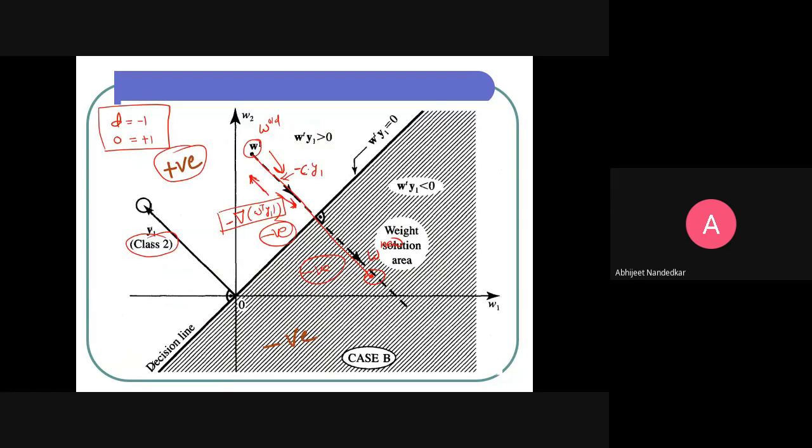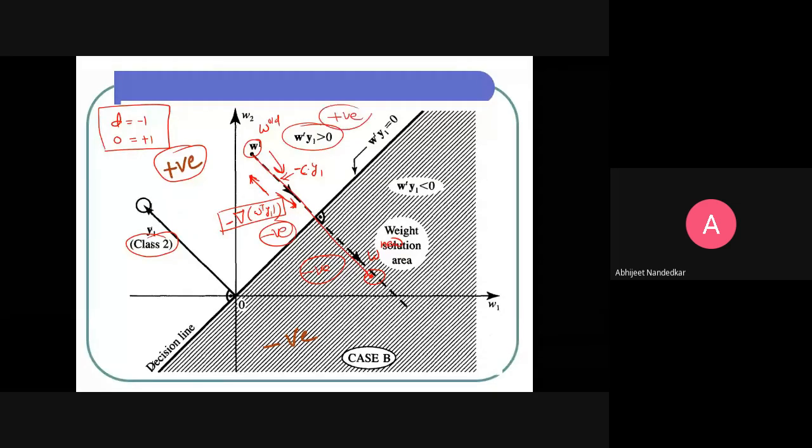You can see here, this side is W transpose Y greater than 0. So this is a positive zone and you want your weight to be in the negative zone. You are just adjusting the weight. What is in your hand? In your hand, to get the correct answer, you have to adjust the weight.